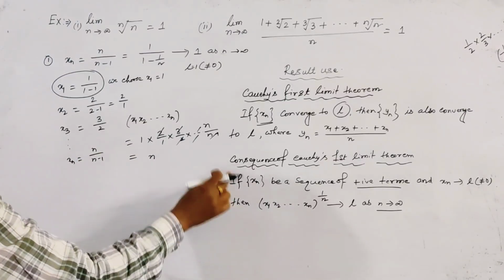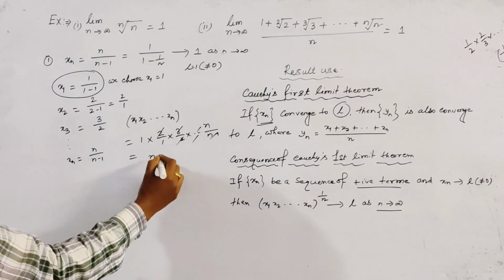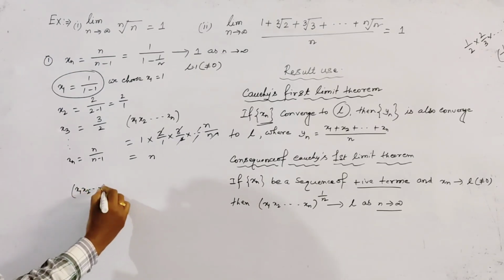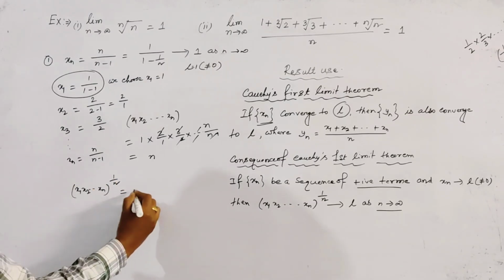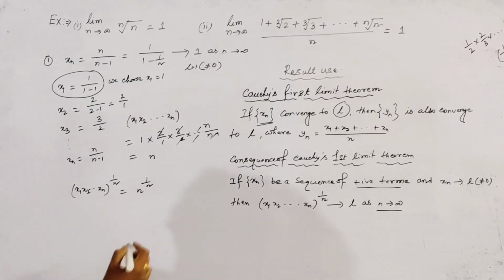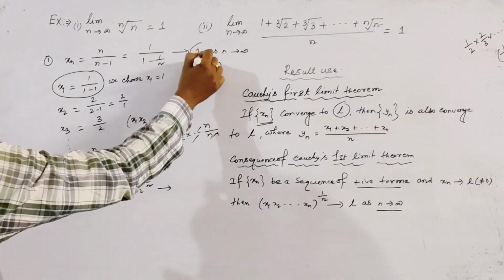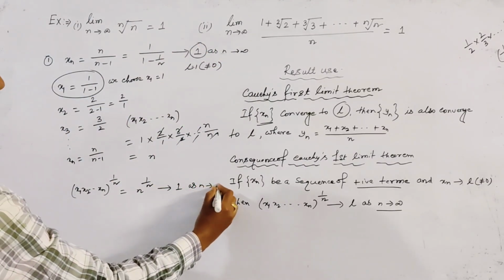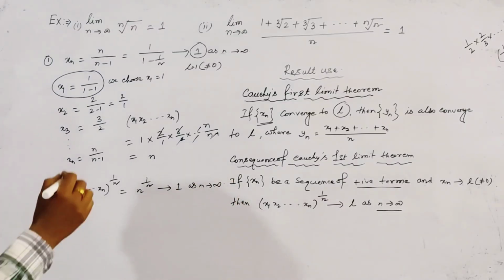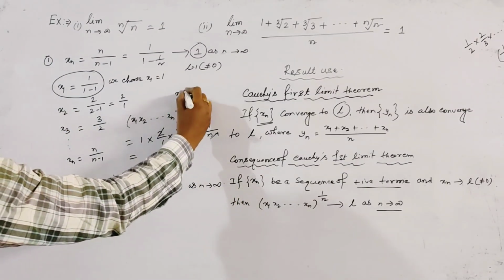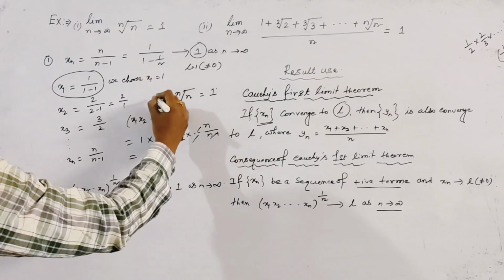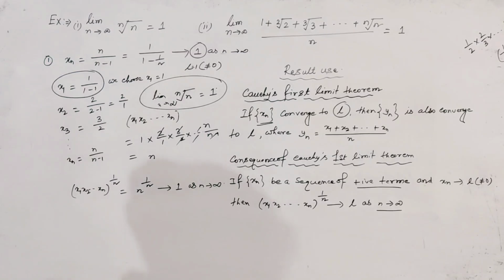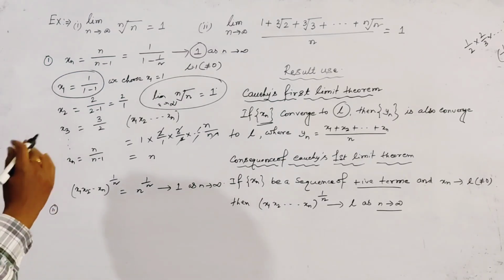Now using the consequence of the theorem, (x1 x2 ... xn) to the power 1 by n equals n to the power 1 by n, and this must tend to the same limit L, which is 1 as n tends to infinity. So we prove that the limit of the nth root of n is 1. This is the first answer.